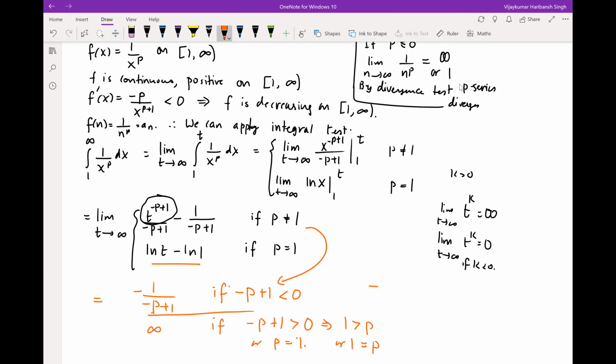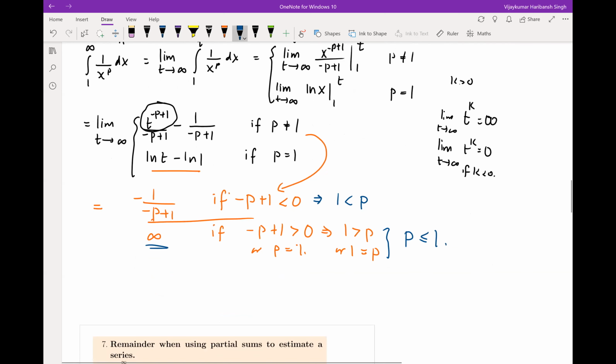So that is the same as saying, if you rewrite this, p is less than or equal to 1, right? So if p is less than or equal to 1, it diverges. If p is greater than 1, then it converges.